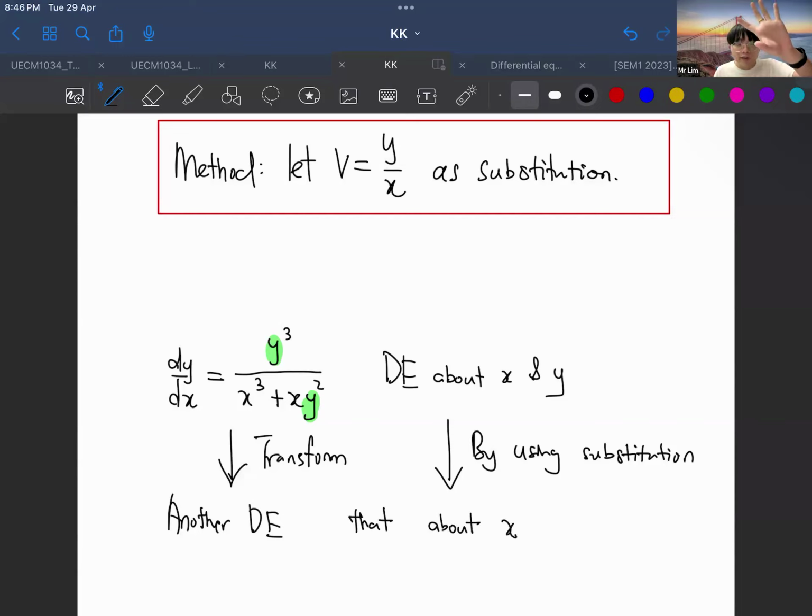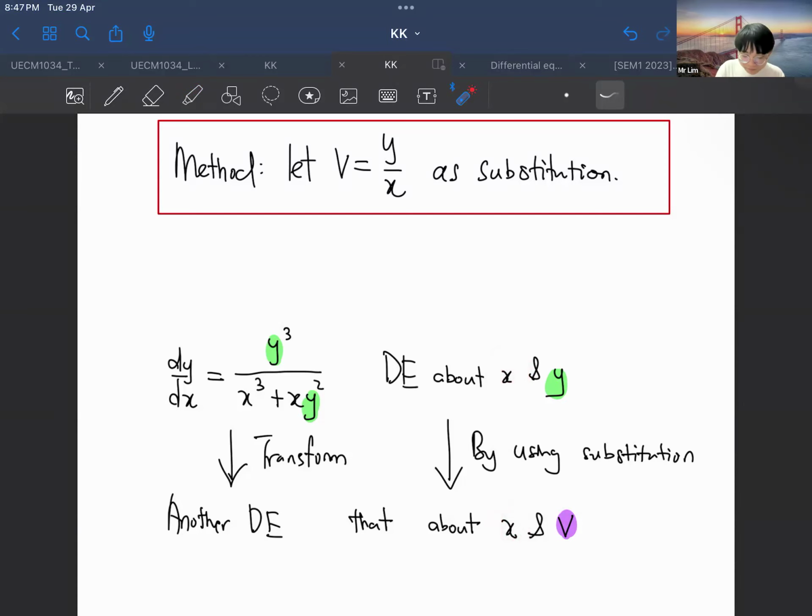I don't want y already. X, I remain the same, but y, I replace with a new variable, which now I call v or u, whatever. Normally we use u or v. I don't remember. It's okay. Anything. So instead of using y, I want a new variable that's called v. But x, I remain the same.